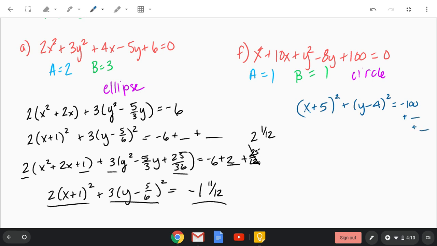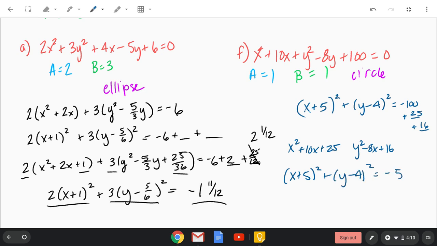What's probably going to happen is that we're not adding on more than 100, right? x squared plus 10x plus 25, so that would be 25. And then y squared minus 8y plus 16, so we added on a 16. So we added on 41. So we have x plus 5 squared plus y minus 4 squared equals negative 59.